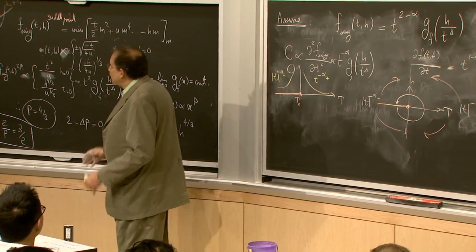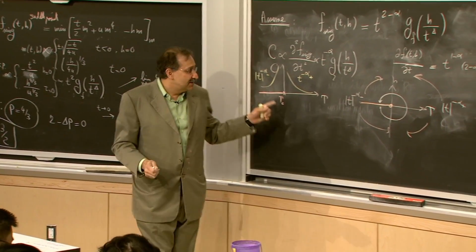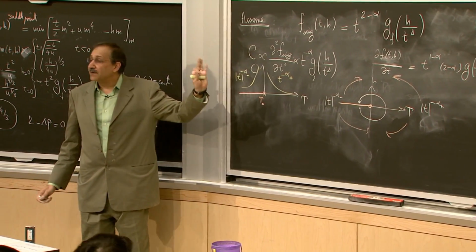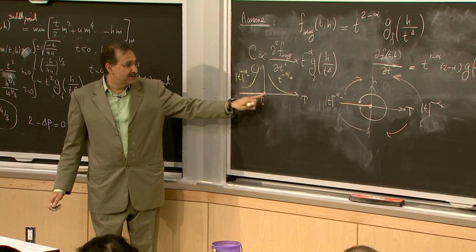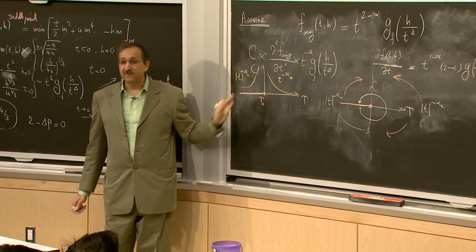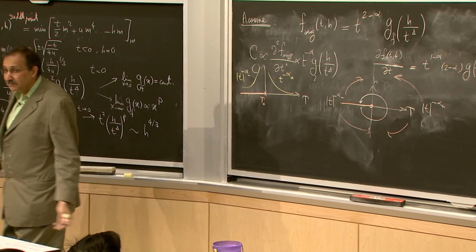Mathematically, if you don't have the h-axis, you look at the one line and there's a singularity, there is no reason why the two singularities should be the same.